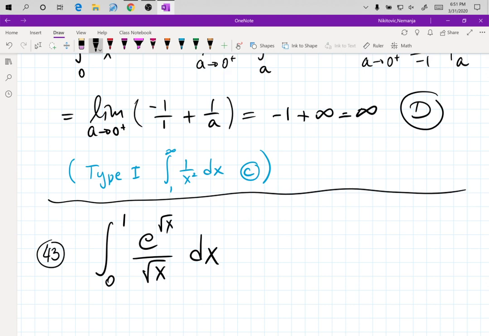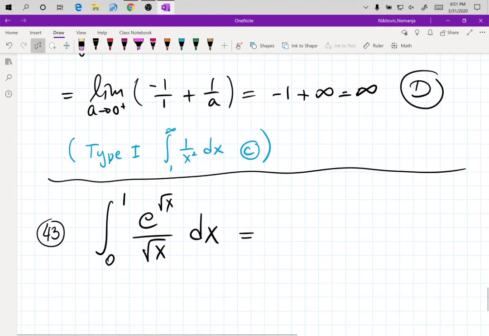So problem 43 in the textbook. Well, I don't need much to realize that 0 is a problem, right? Because the root of 0 is 0, and that's just going to make 1 over 0 undefined. So clearly 0 is a problem.